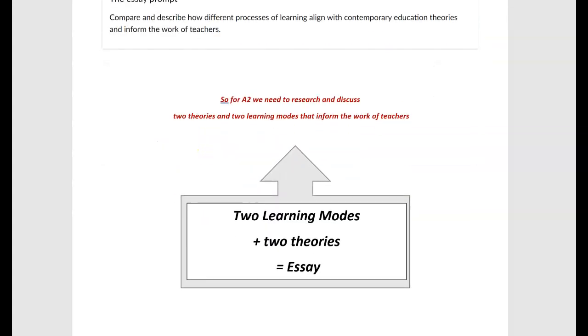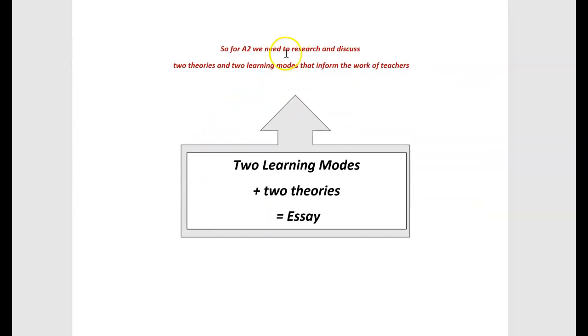So for A2, we need to research and then discuss 2 theories and 2 learning modes to inform the work of teachers. So it's a visual for you. I like visuals, it helps my brain. 2 learning modes and 2 theories will be in your essay.